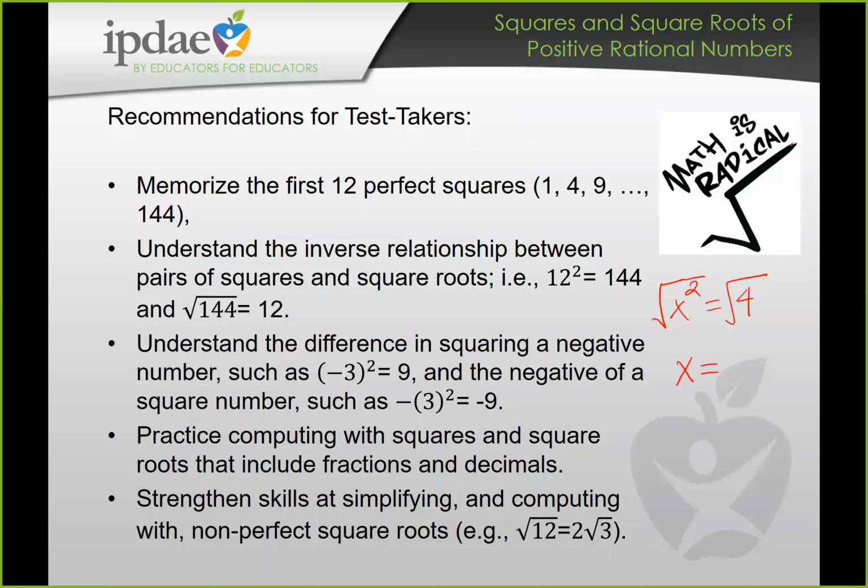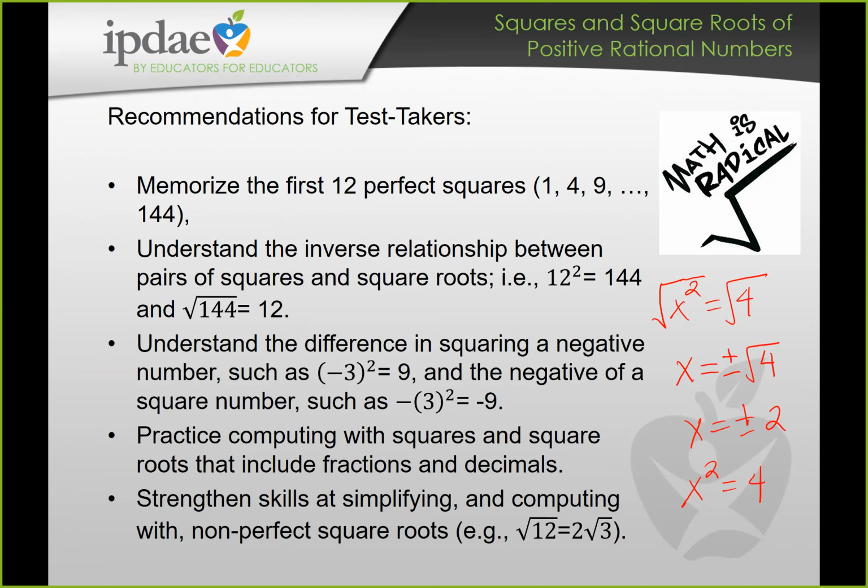But what students often forget is that the resulting number is a positive or a negative number. So it has to have the plus minus symbol in there. So in this case, it'll be plus and minus 2, because going back to the original equation, x squared equals 4, if x is equal to 2, then 2 squared is equal to 4.